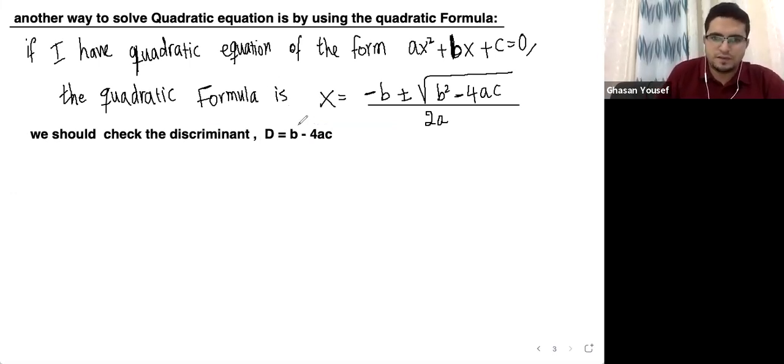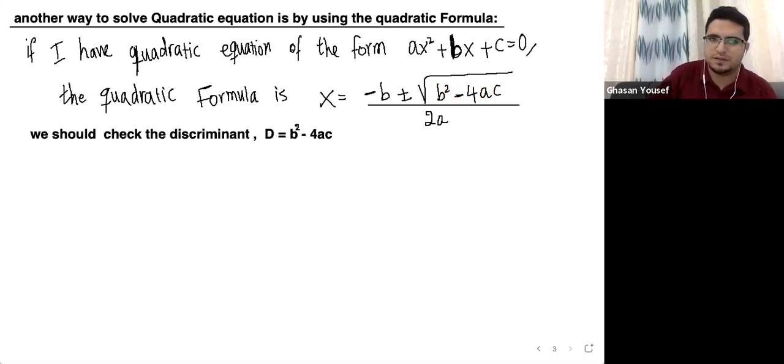This is very important. The discriminant is inside the radical, b squared minus 4ac, and I have to check this one.